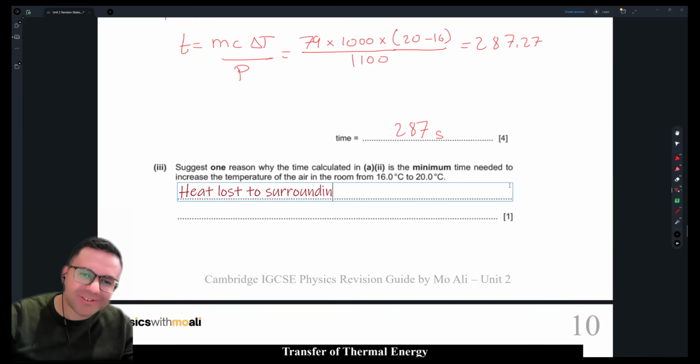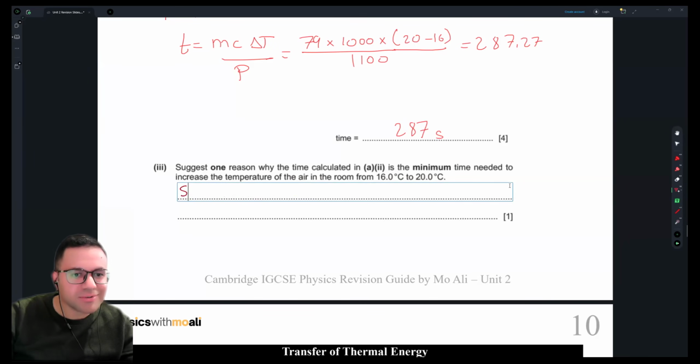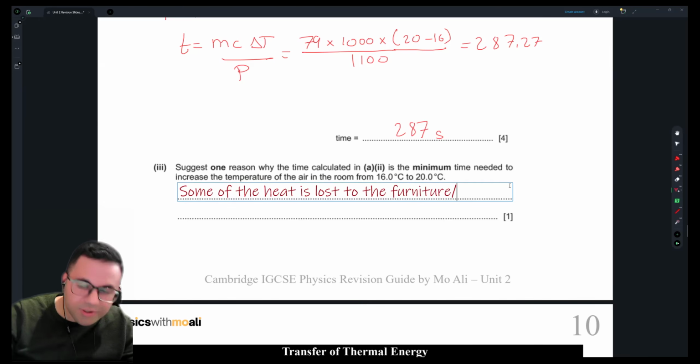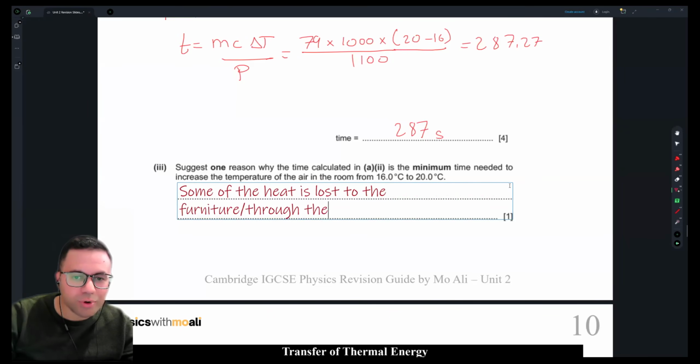So you have to be very specific as to what you're losing the heat to. Some of the heat is lost to the furniture, for example. Or lost through the walls or the window, out of the room.